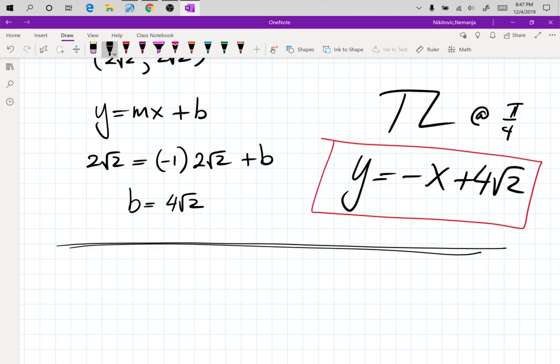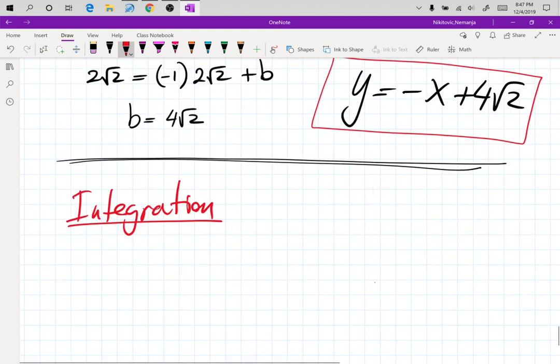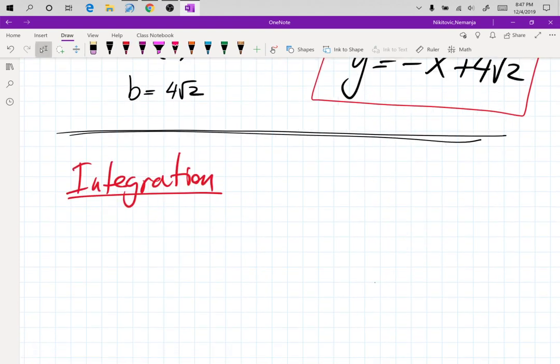I guess we'll have to leave integrals. Well, we can at least start integration with a formula. And then we'll do more examples on Monday. Integration.